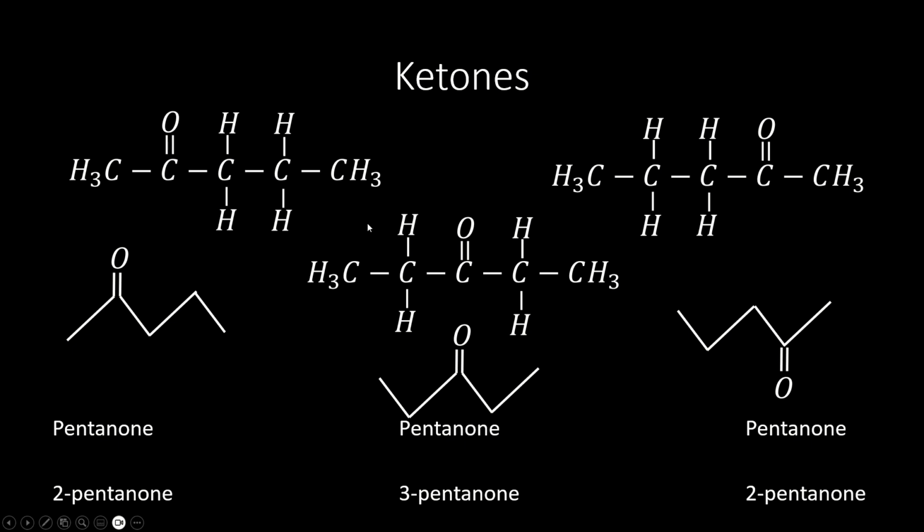Well, here's the thing. For this class, if you have me as a professor for General Chemistry 2, just call it pentanone if it's 5 carbons long. If it's 6 carbons long, you would call it hexanone. If it was 7 carbons long, heptanone, octanone, nonanone, or decanone if we get up to 10 carbons.